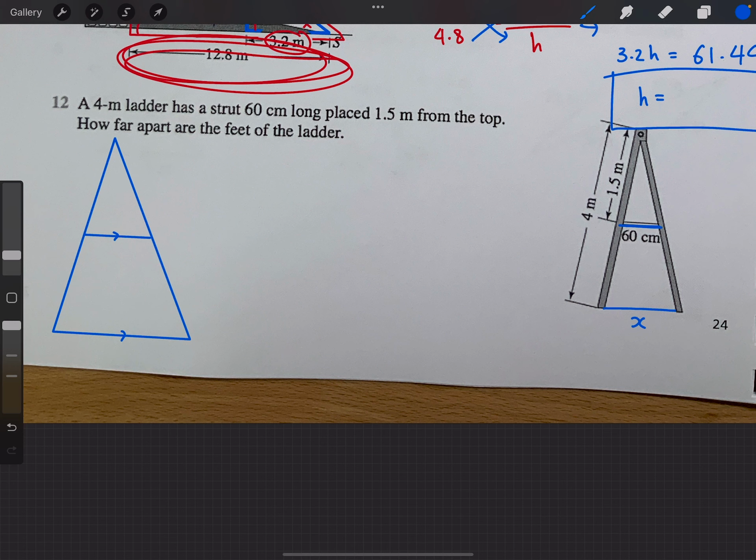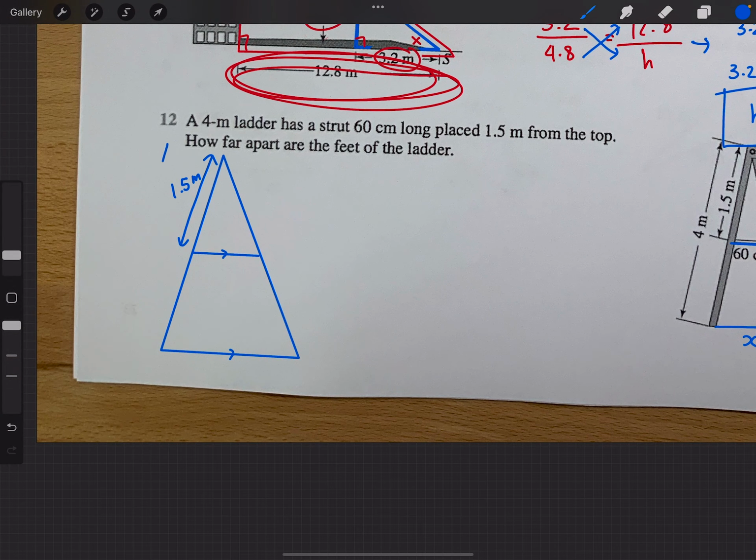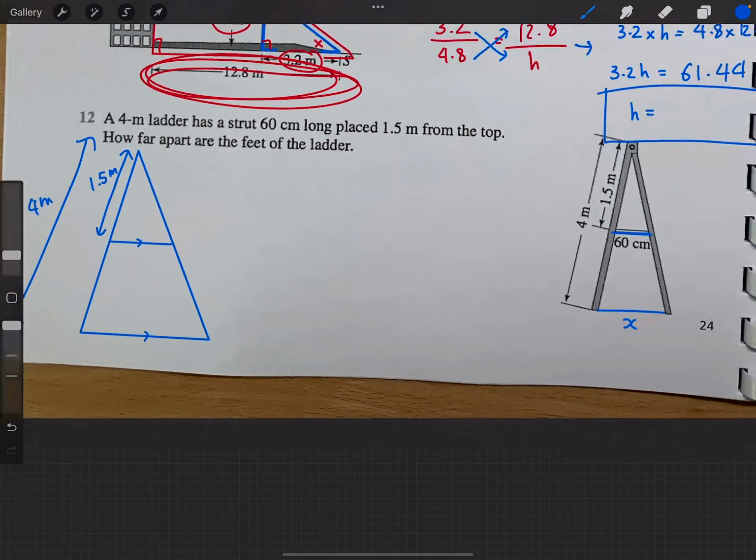And this is 1.5 meters. And this is 4 meters. And this would be 60 centimeters. Now be careful, this one is in centimeters and this one's in meters. So I could change this one to meters.